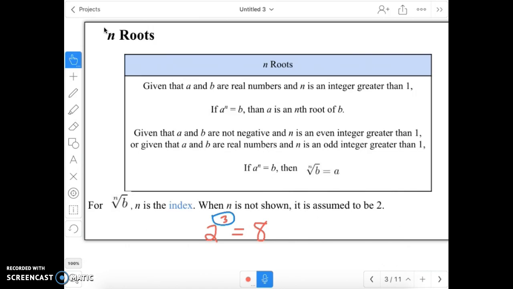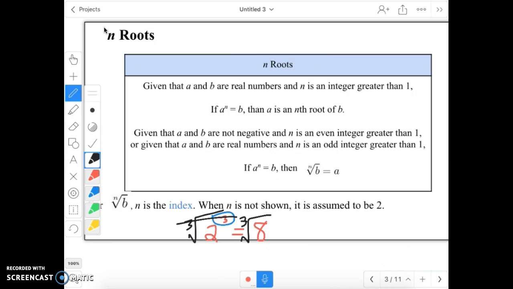The same thing as if I had 2 to the third power, if I did a third root, that would undo this, and I would have the third root of 8 equals 2.